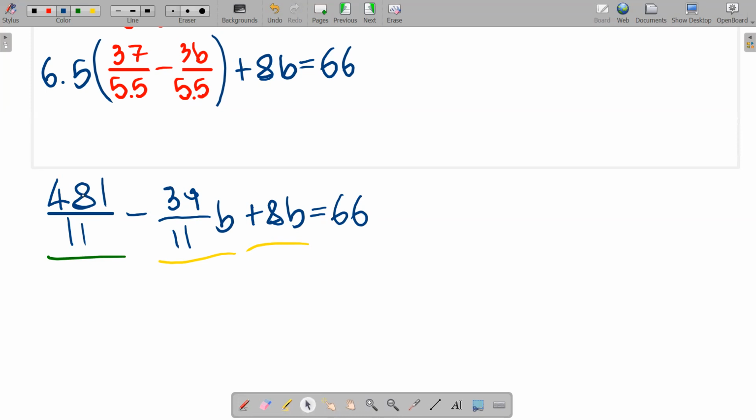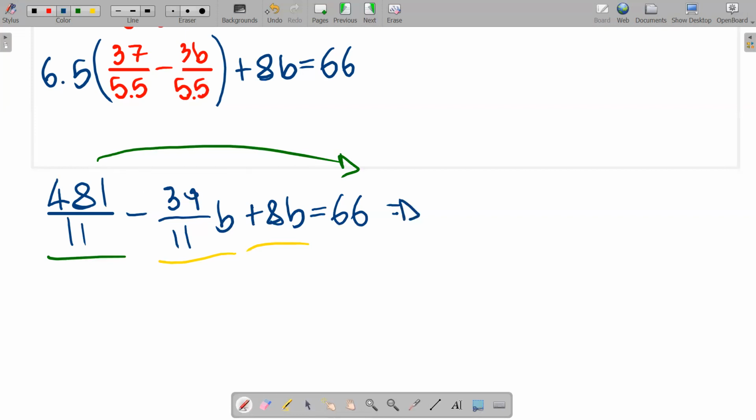So 481 divided by 11, it's a constant, which we can move to the other side. And when I move it to the other side, now I've left this operation.